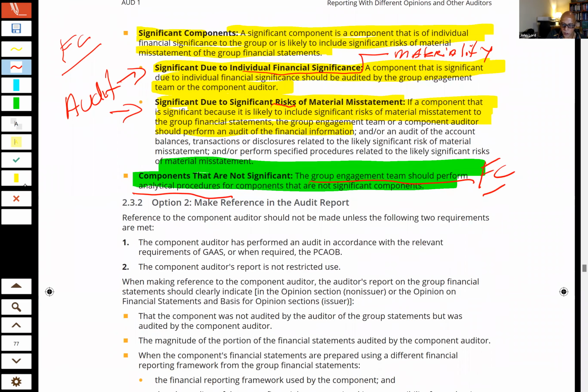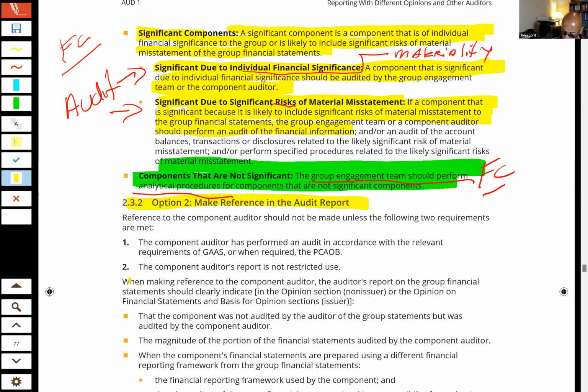Under option 2, now we will make reference to the other auditors. So what are we going to do? We're going to take their reports and we're just going to call out what amount of work they did in our report on the group financial statements.